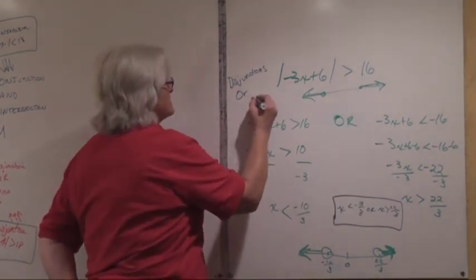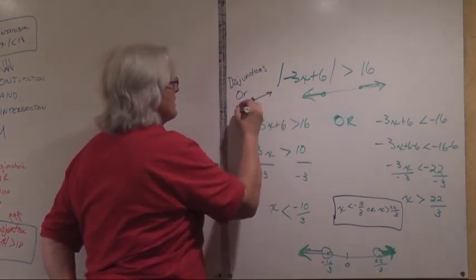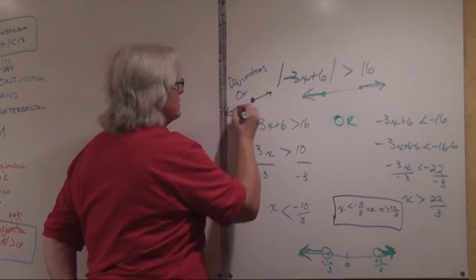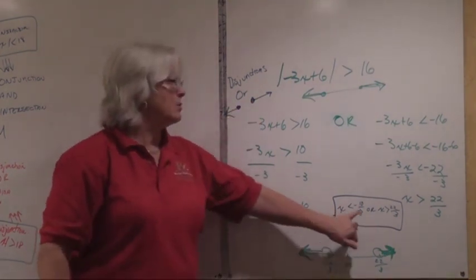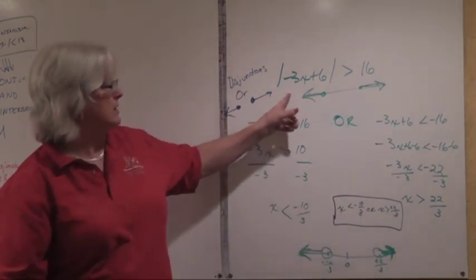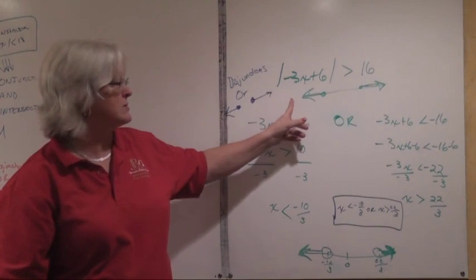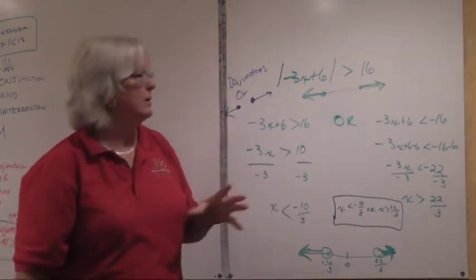And their graphs are going to go out in opposite directions. And you're going to have to write both inequalities, because there's no way that a number can be less than negative 10/3 and greater than 22/3 at the same time.